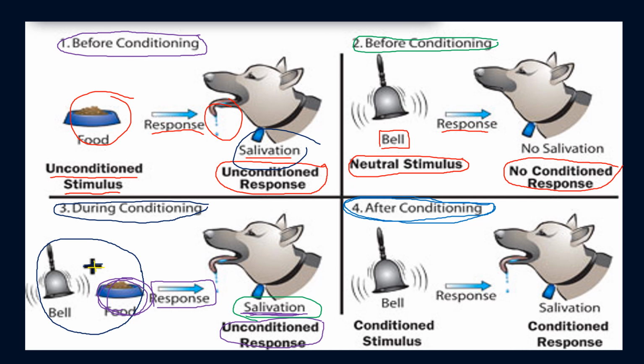So he would present the sound of the bell and measure the response of the dog. Where the dogs salivated, that indicated that the bell had become the conditioned stimulus. So it had changed from its position as neutral stimulus before conditioning, through the pairing process.